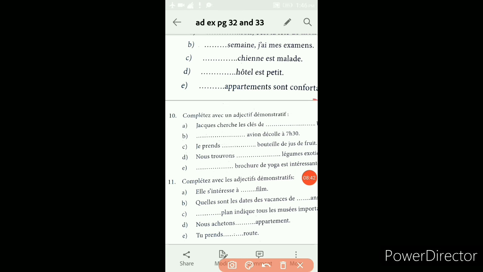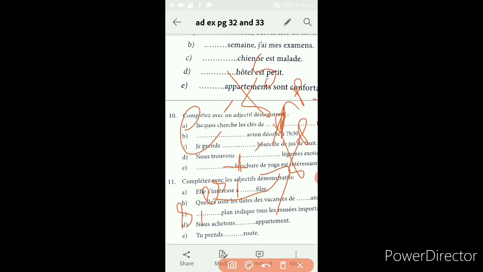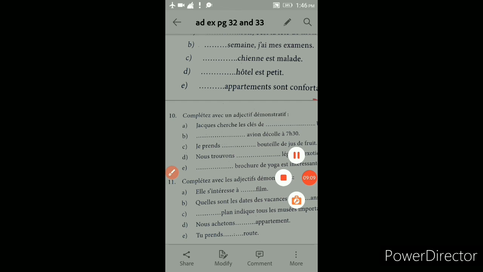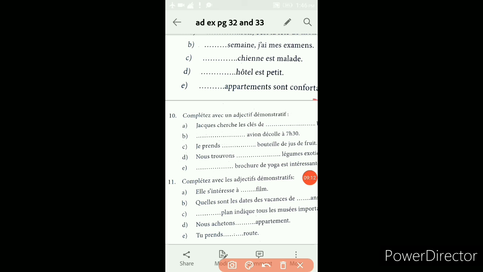I repeat one more time. Words ending up with E are always feminine singular. Words ending up with ES are feminine plural.